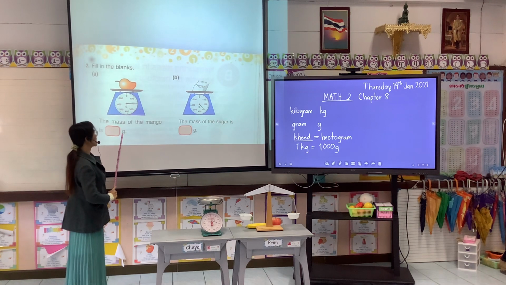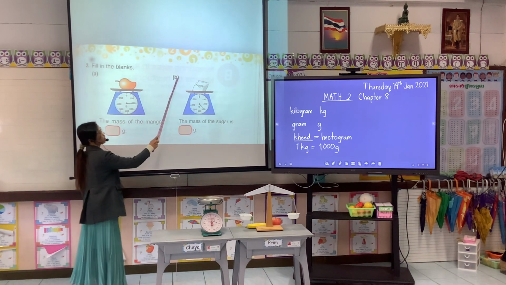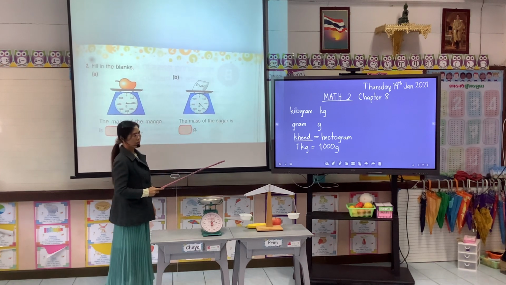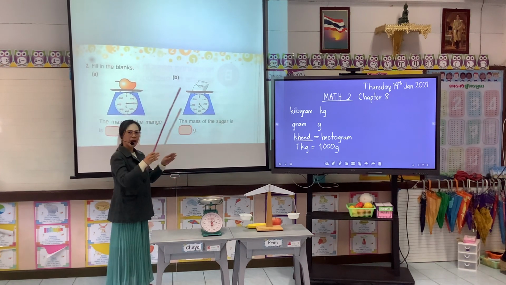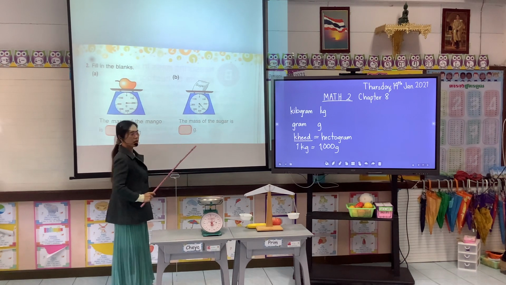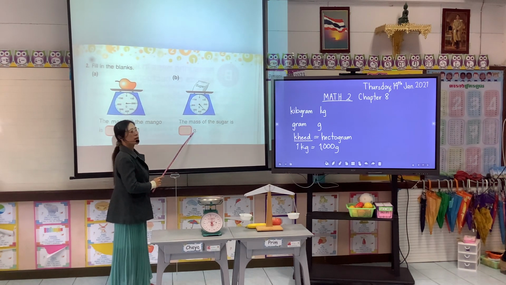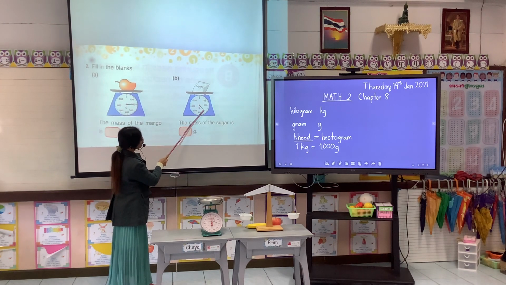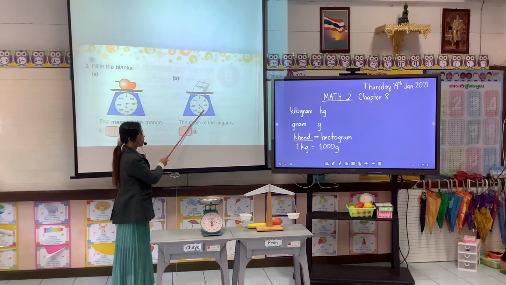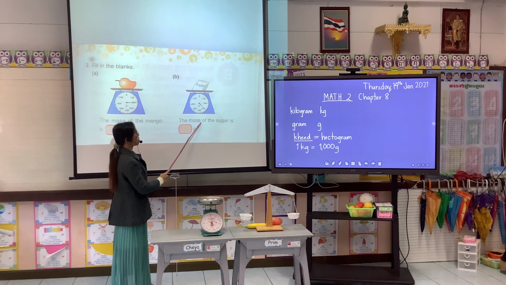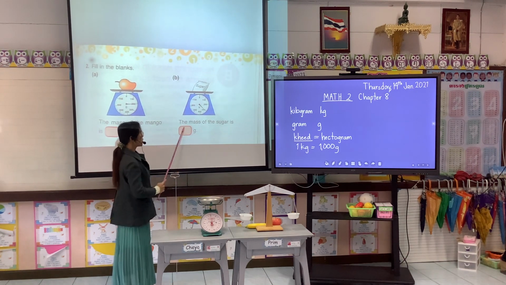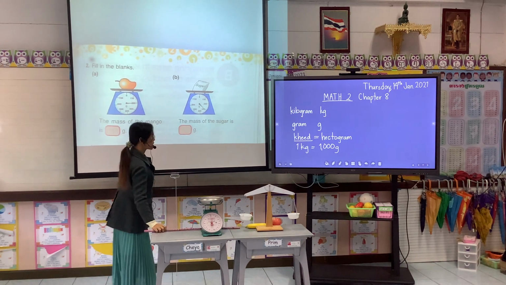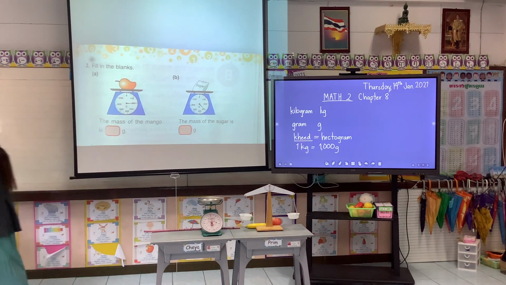What about letter B? Sugar. Sugar is not heavy. One pack of sugar is not heavy, so the unit is grams. The pointer points at 300, so the mass of the sugar is 300 grams.